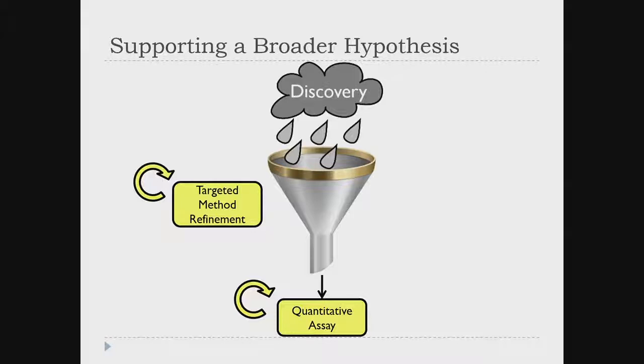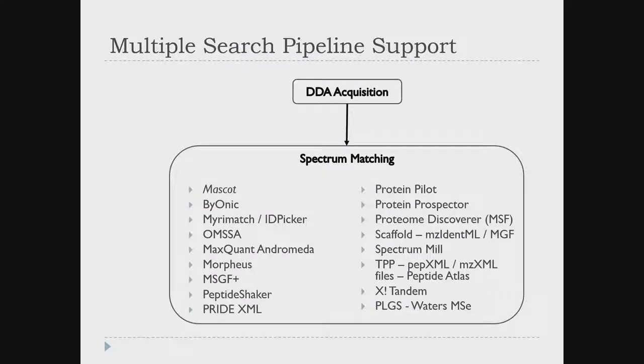And now with DIA and actually DDA, Skyline is moving up to help with discovery, along with many, many other tools. There's quite a lot of tools up here. Most of our discovery still, and even with DIA if we're building libraries, gets a lot of information from DDA acquisition.